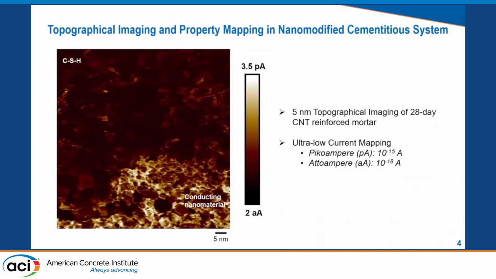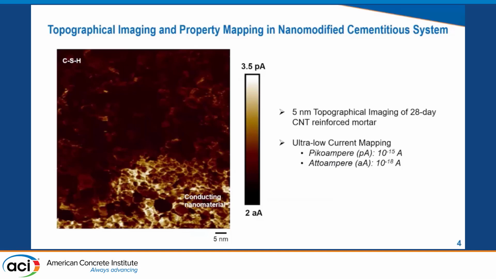So here in this slide we see a typical AFM topographical imaging and current mapping at a nanoscale. And essentially what we see here is the interface between the calcium silicate hydrates and the conducting nanomaterials. And how can we distinguish this from the current mapping?